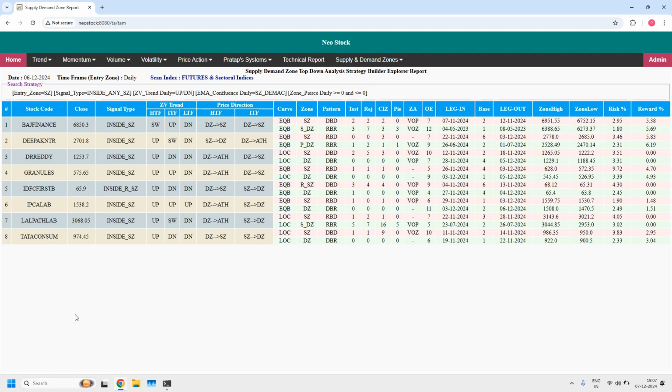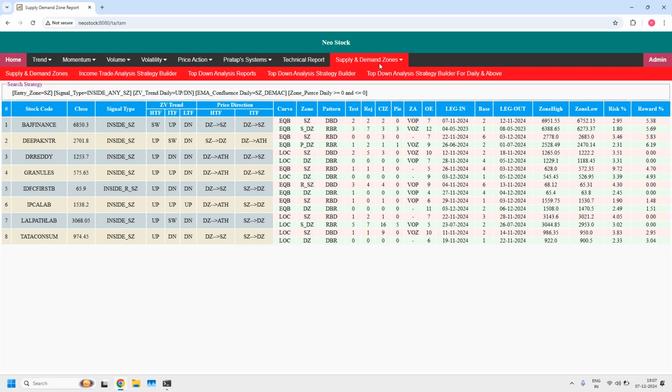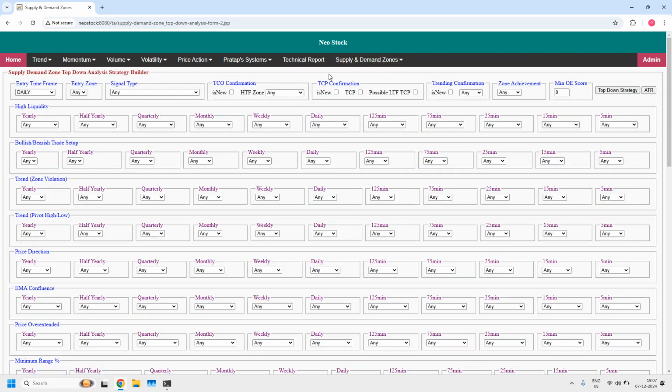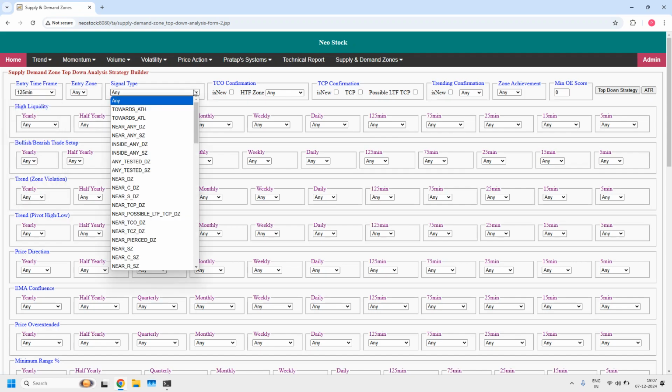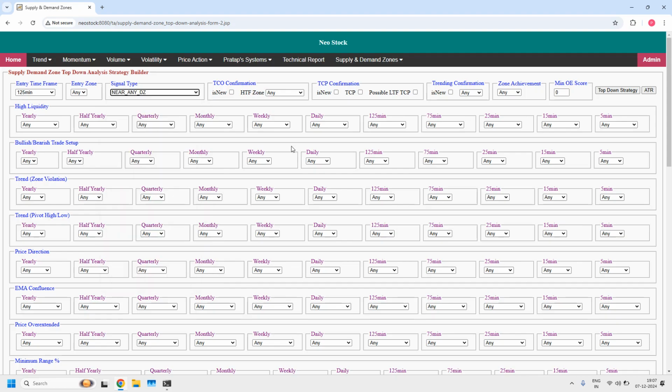Okay. So this is about daily time frame. Next, 125 minutes time frame. Stocks near 125 minutes demand zone.